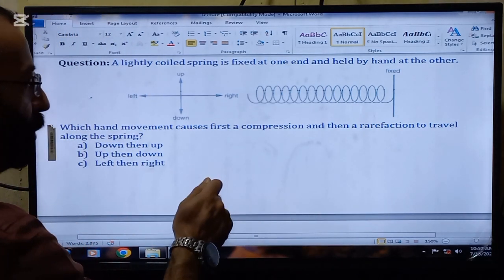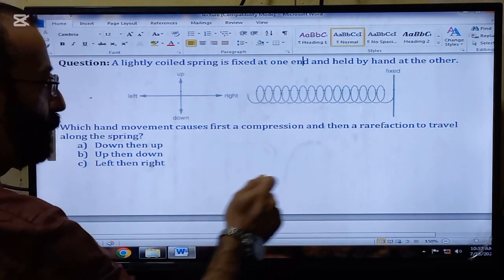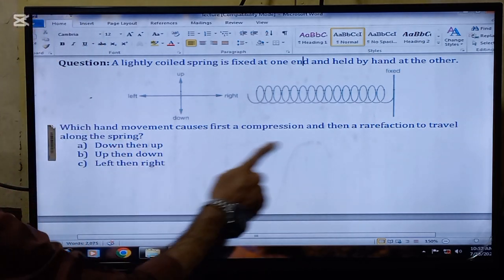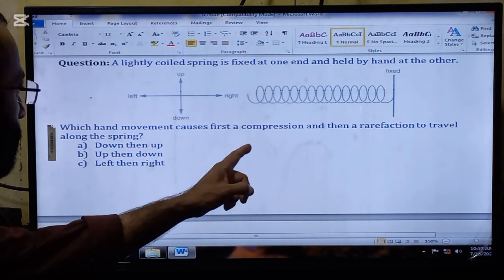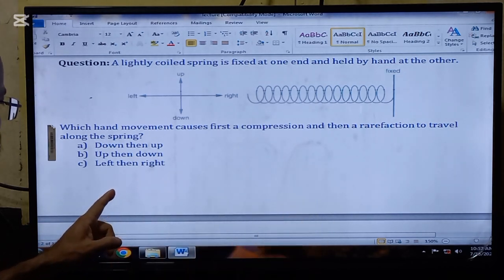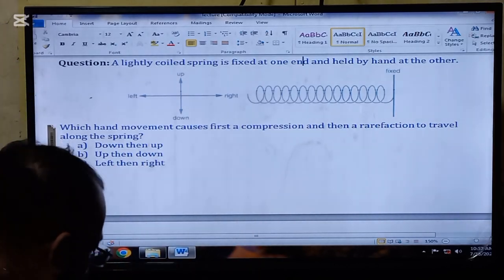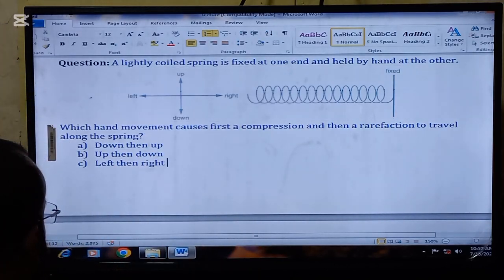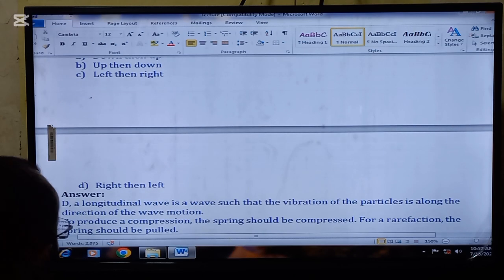Rarefaction is the pulling. Compression is pressing and rarefaction is pulling, to travel along the spring. So, okay, first compression. So definitely that will be towards right and then left. So D option is right.